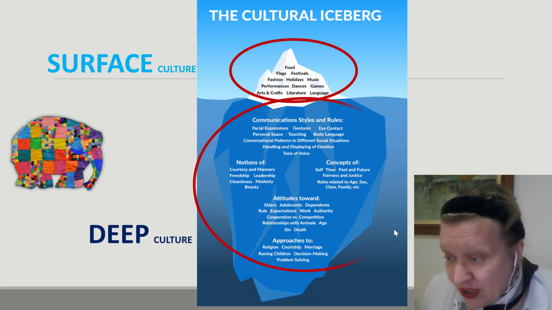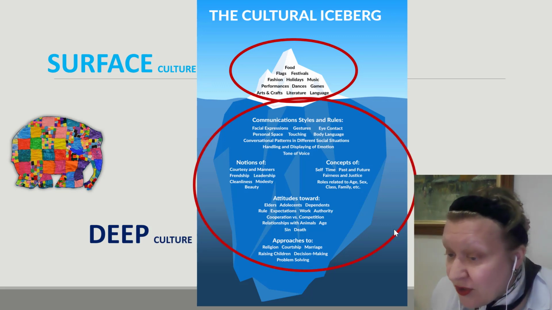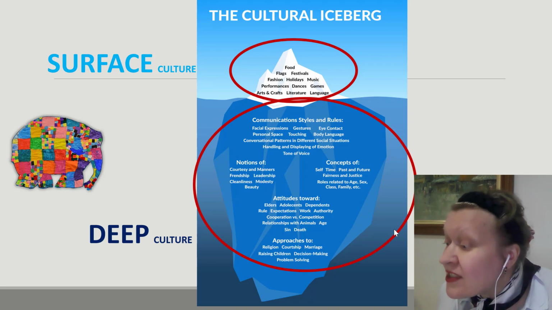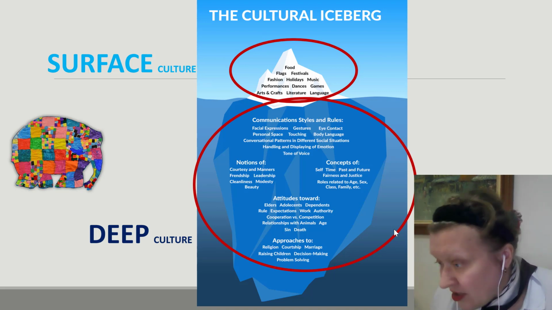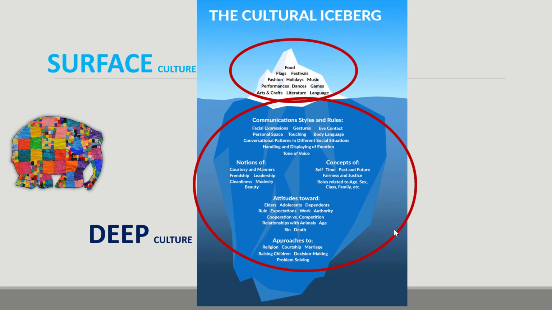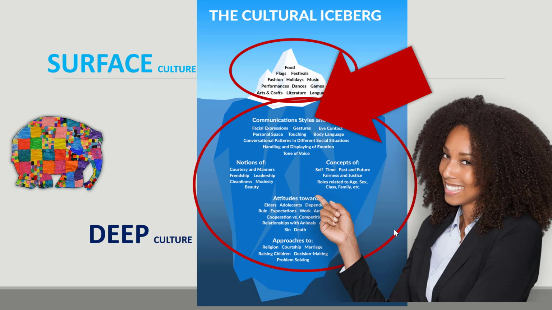And deep culture, values, concepts, attitudes, approaches, beliefs, is all that lies beneath the surface. According to contemporary theoreticians of culture in the second language classroom, we must focus on the deep culture, or on the relationship between the visible and invisible parts of the cultural iceberg.